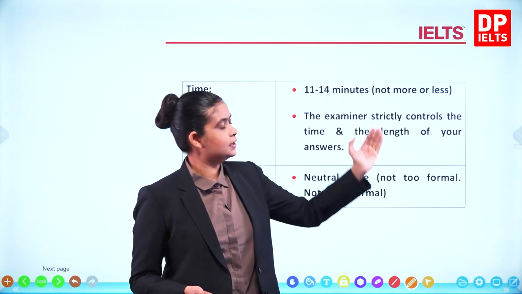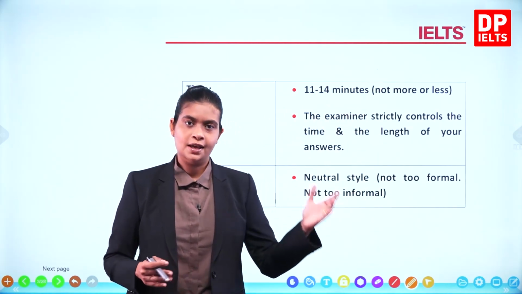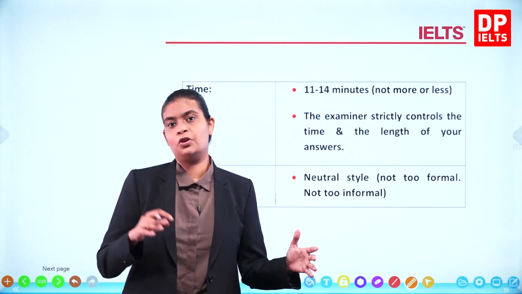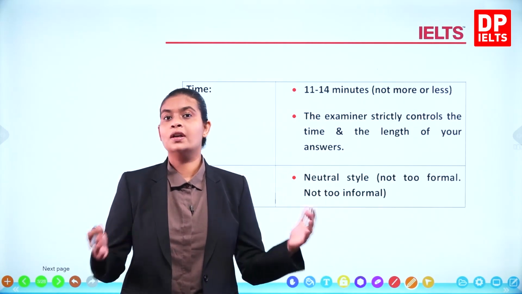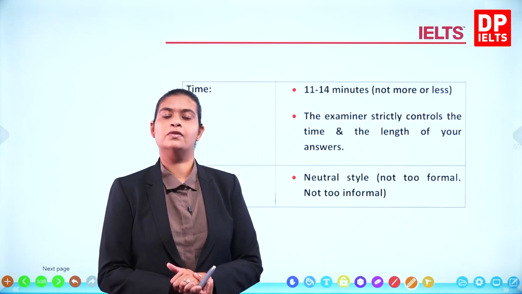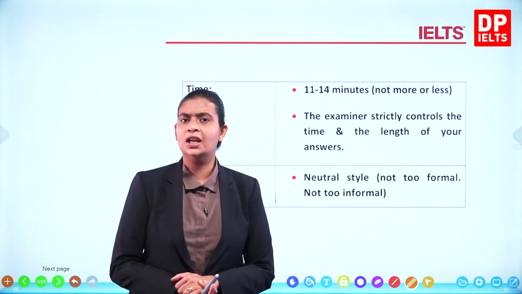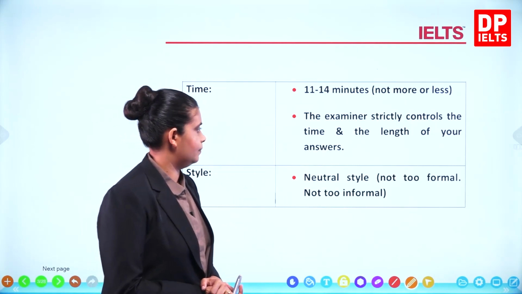So here, the time frame for the test is 11 to 14 minutes. It will not be less than that. It will not be more than that. As long as you speak, the test will run smoothly. The examiner strictly controls the time, okay?